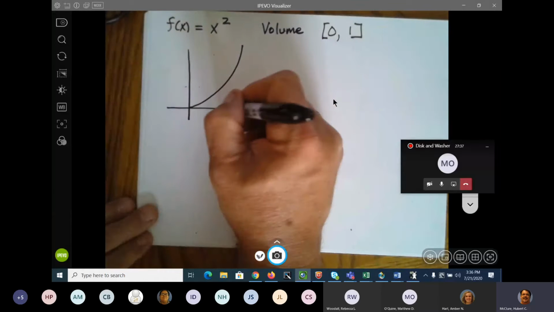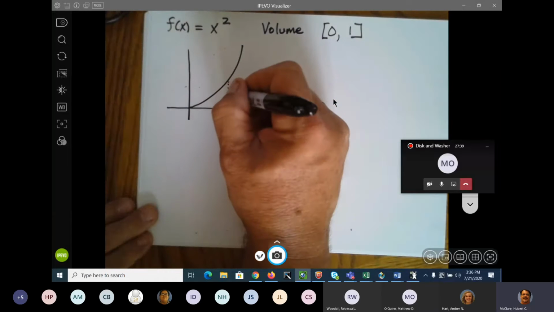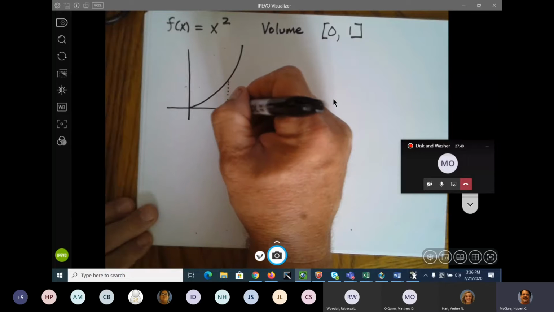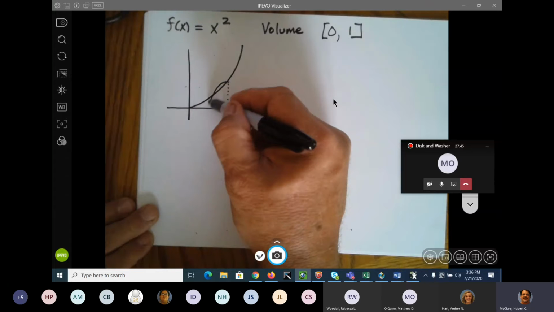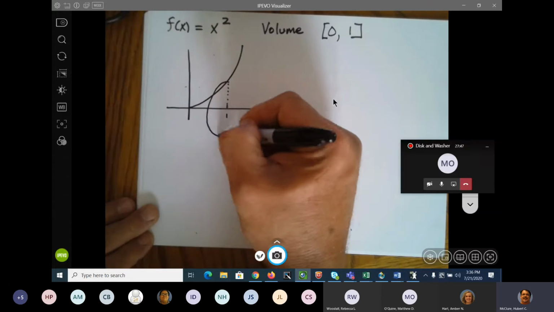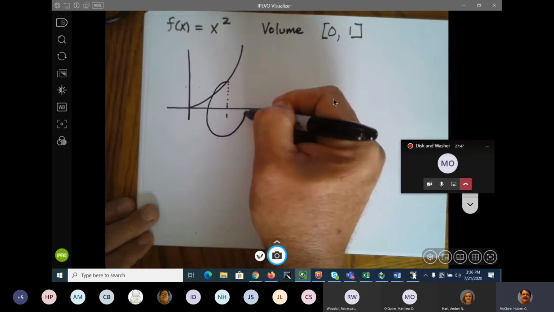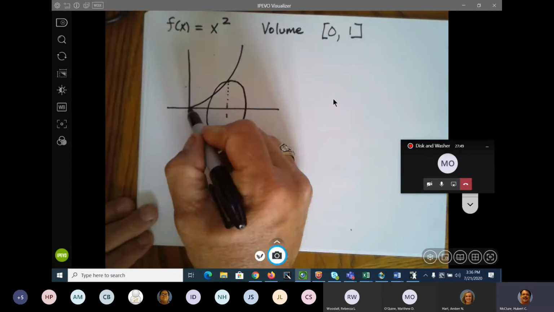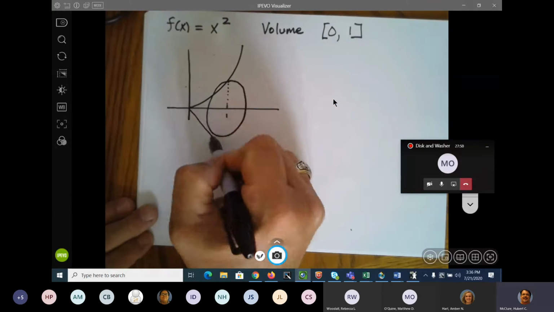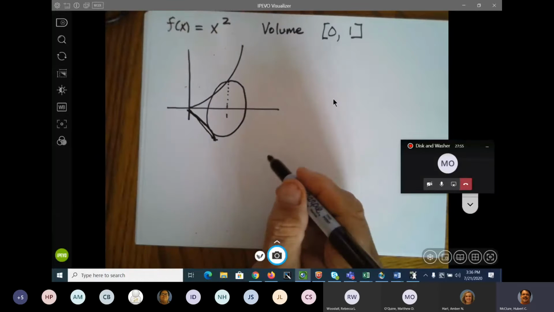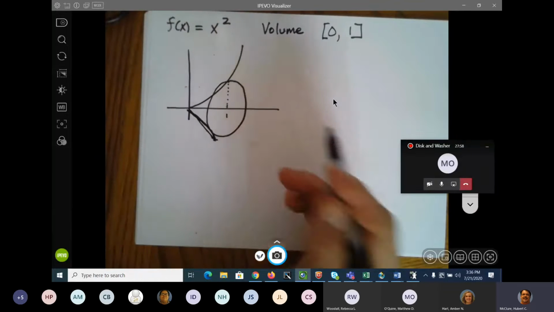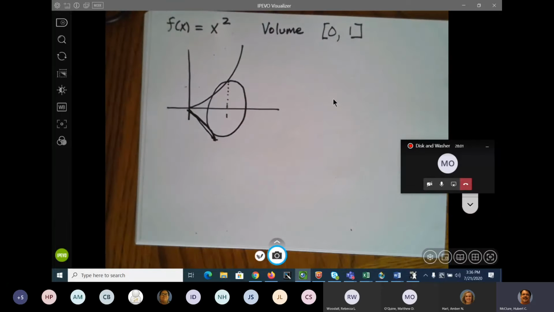And of course, it's going to look like that, only it's going to be a drawing like that. And of course, you see how I suck at it. It's going to look like a snow cone, maybe, but with a little bit of curve in it.